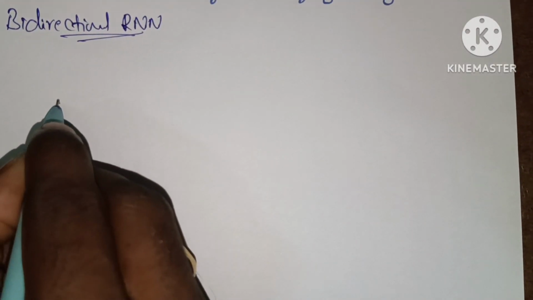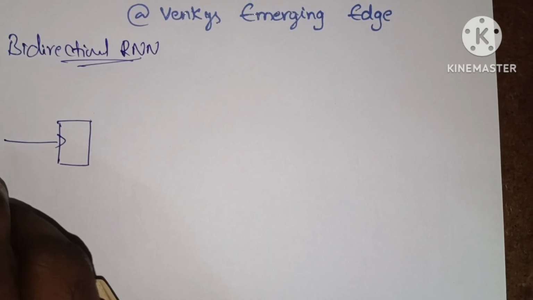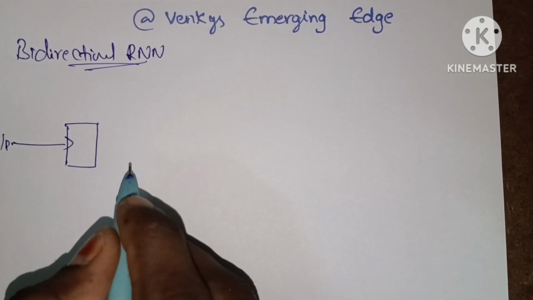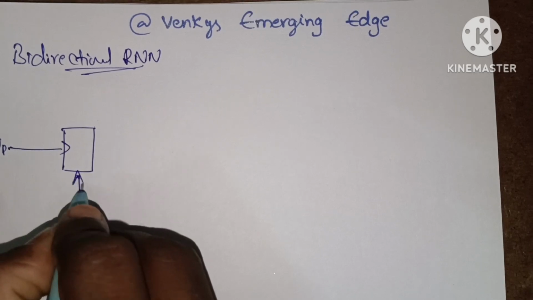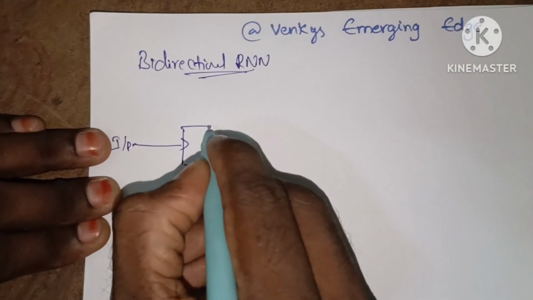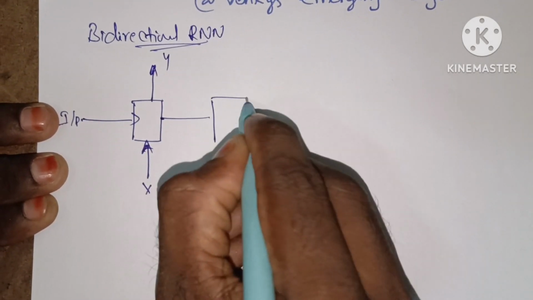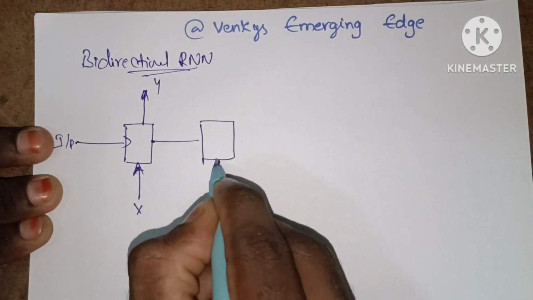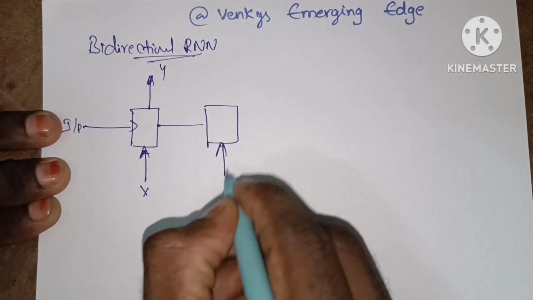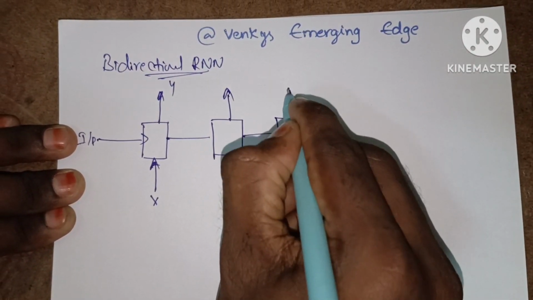First of all, we know that this is a hidden state, this is the input, this is the input parameter, X is the input, Y is the output. The next parameter goes to the next state, input, output.